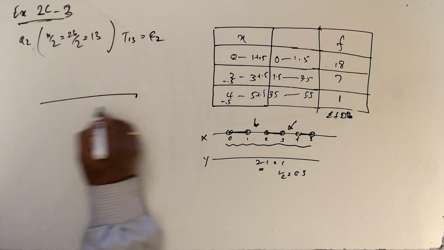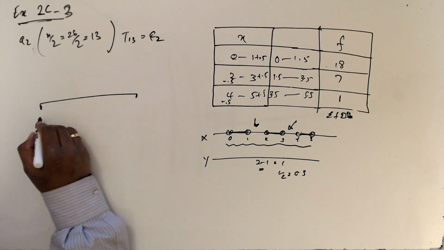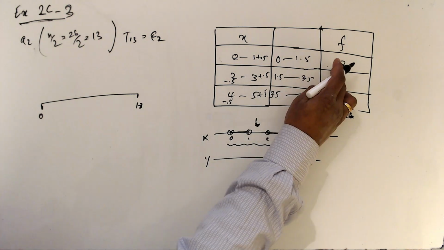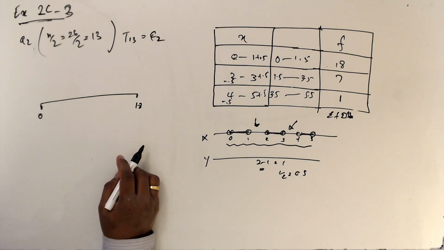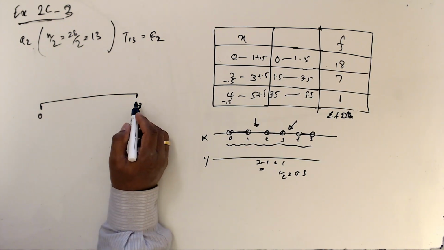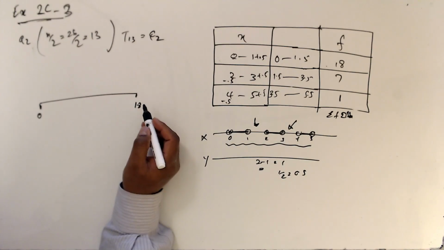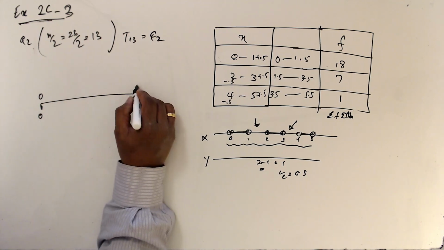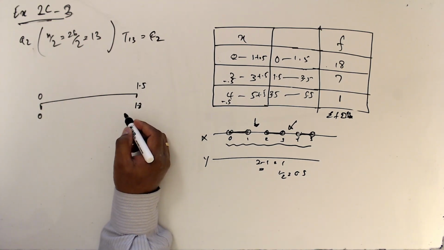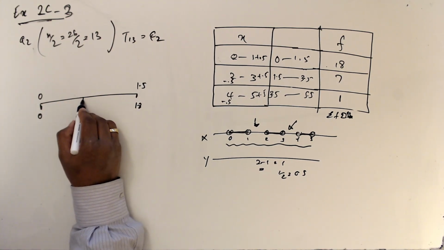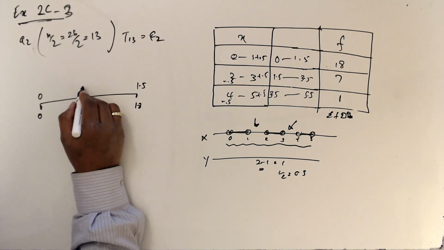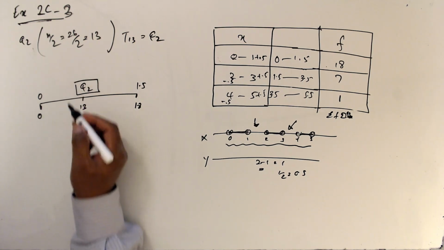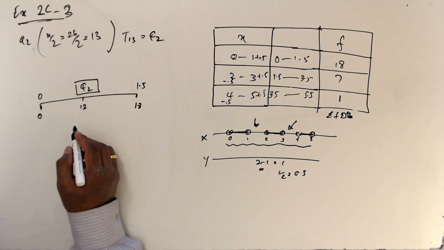When we take the frequency boundary, one frequency is 0, the other frequency is 18, and this value is 0, and this is 1.5. Now 13 is somewhere, so this is the value we need to find.